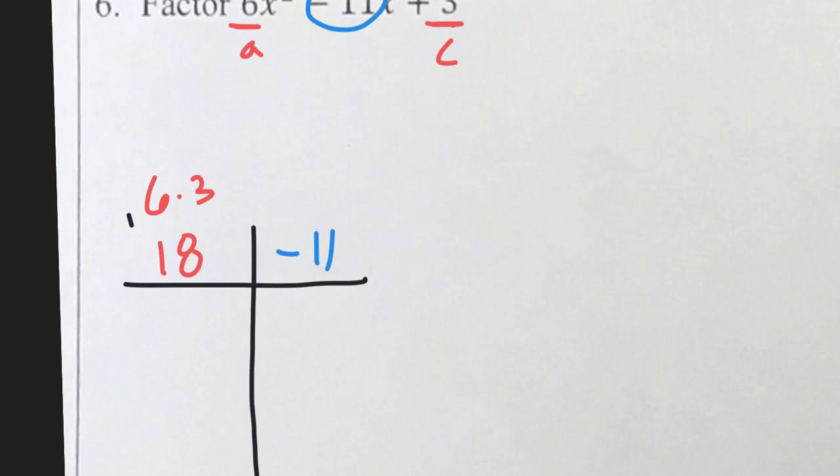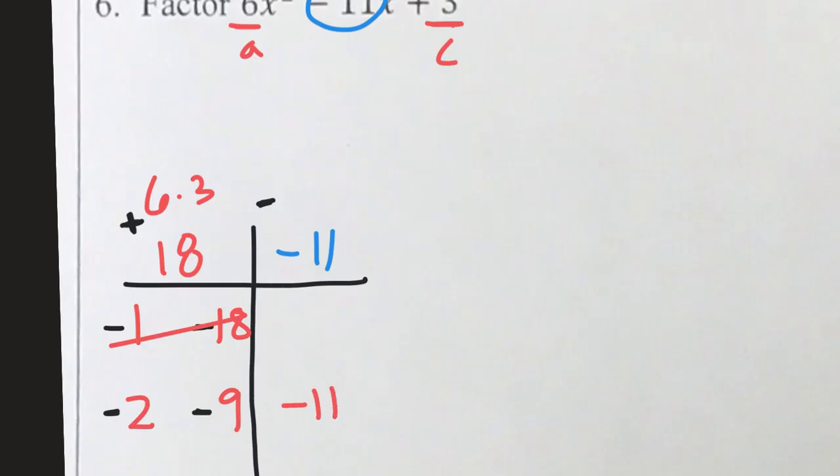We have a positive product but a negative sum, which means both of our multipliers need to be negative. So 1 and 18, nope, that's not going to work. 2 and 9, sure enough, 2 times 9, well, that's negative, there we go, that's the one.